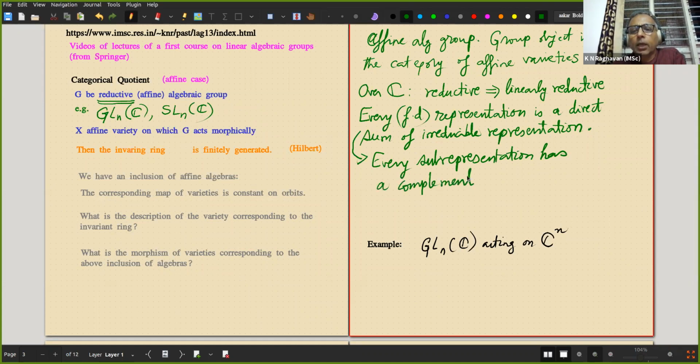Meaning there is another sub-representation which, when I take the direct sum with, I'll get my representation.